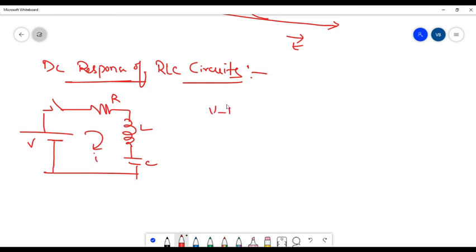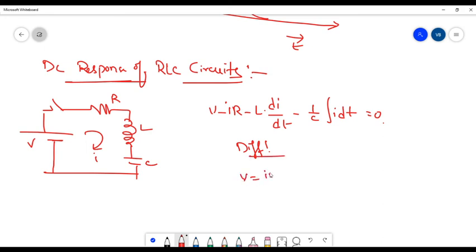So V minus IR minus L into di by dt minus 1 by C integration of I dt equals 0. Before that, you write V equals IR plus L into di by dt plus 1 by C integration of I dt.